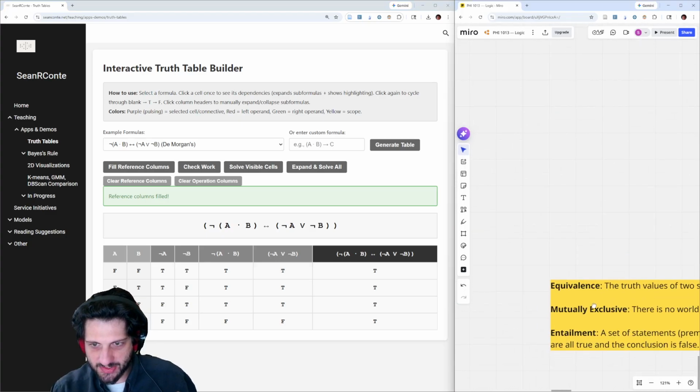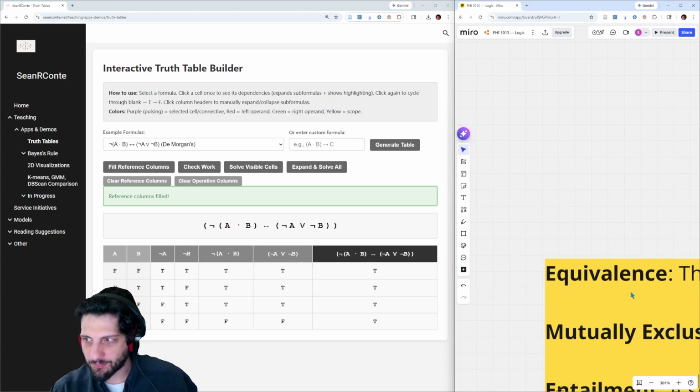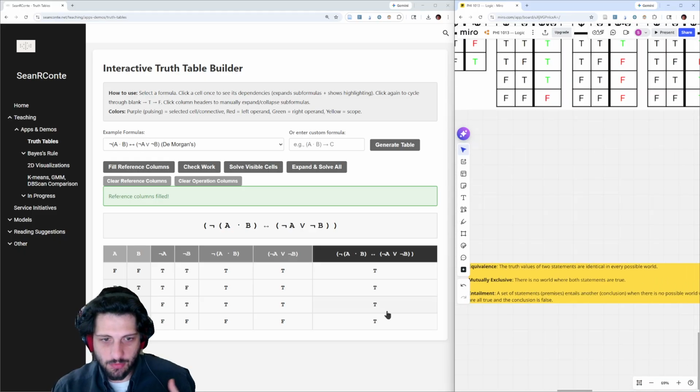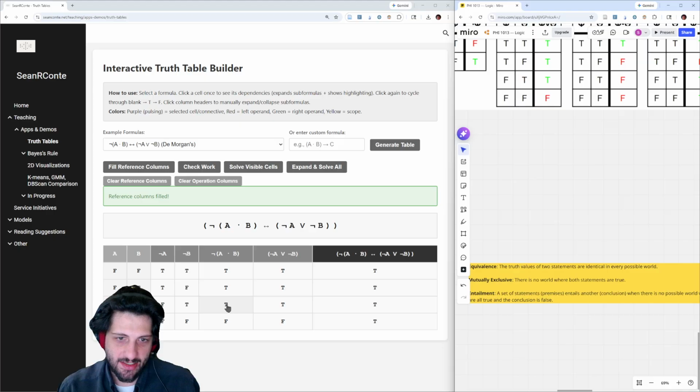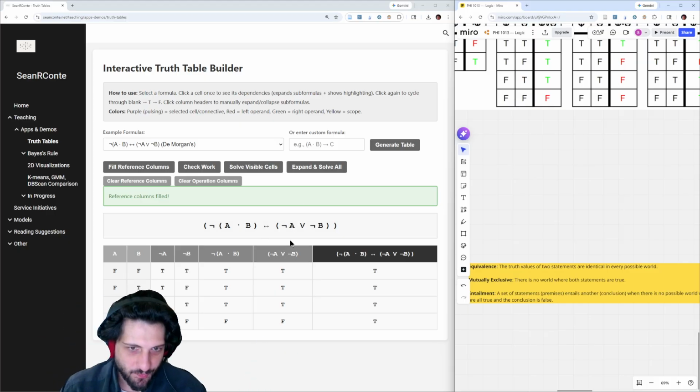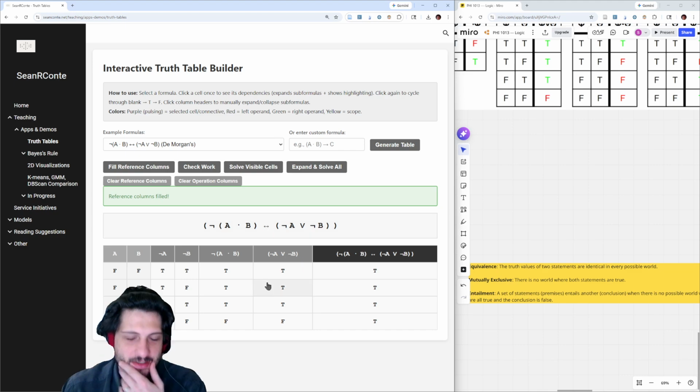We call those equivalent. For two equivalent statements, the truth values are always going to be the same. So to say two statements are equivalent is the same thing as saying one biconditional the other is always true, because that's what biconditional means.